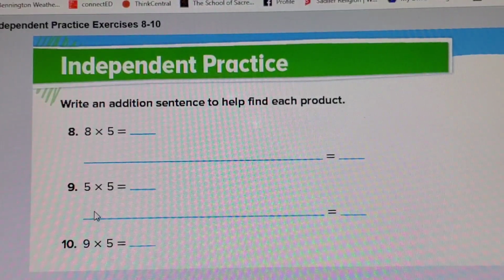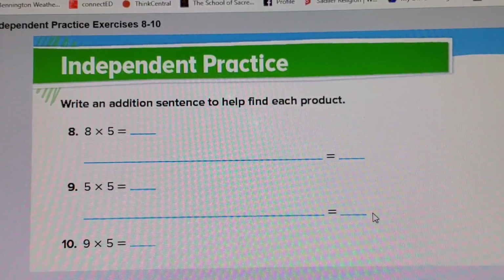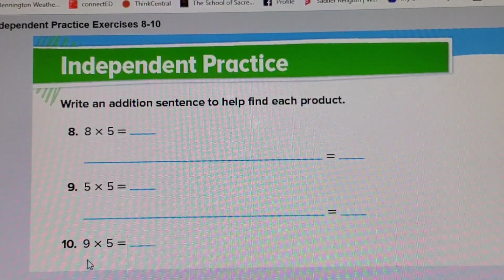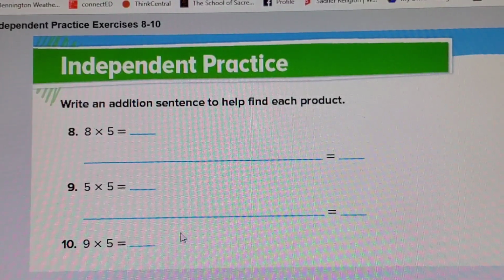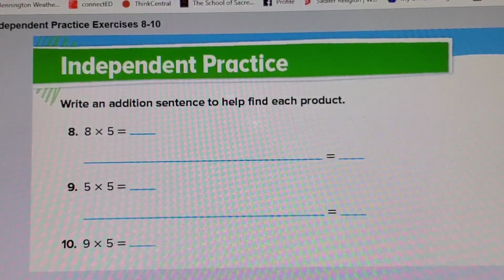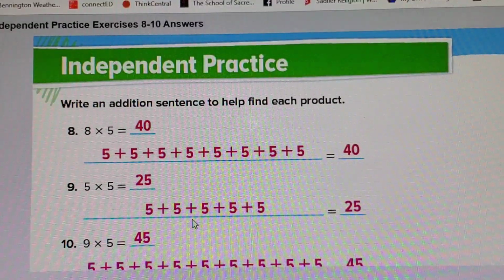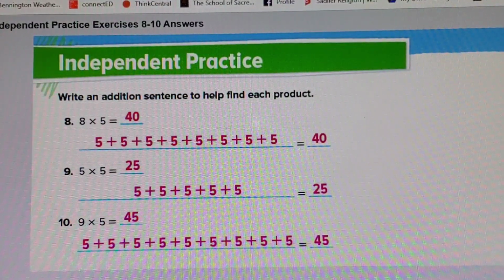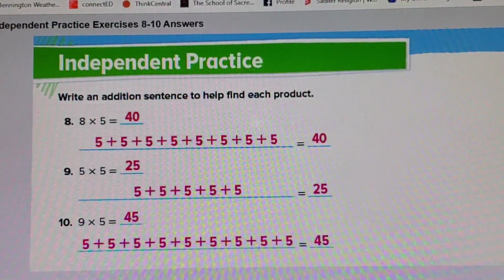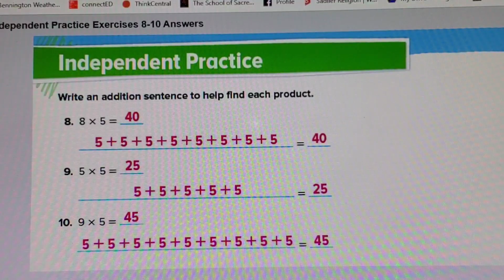Here you're going to write 5 plus 5 5 times and skip count to find the answer. And here you're going to write 5 plus 5 9 times and skip count to find the answer. So 8 times 5 is 40, 5 times 5 is 25, and 9 times 5 is 45.